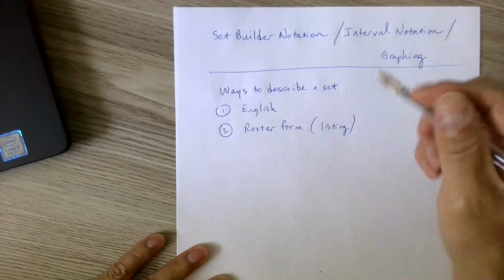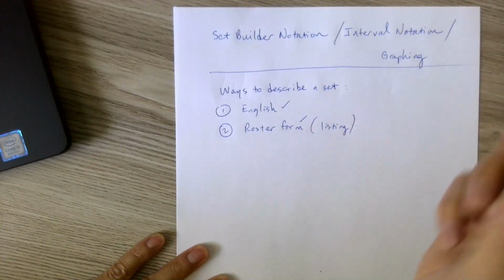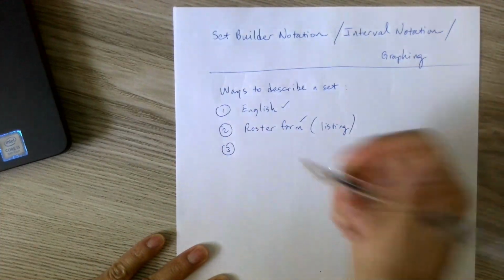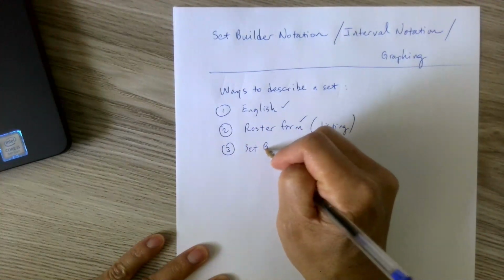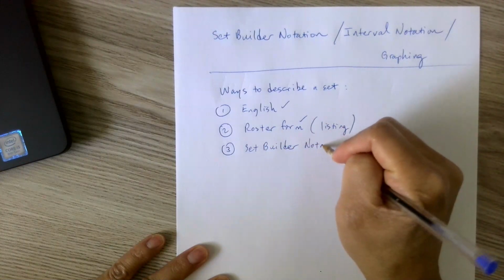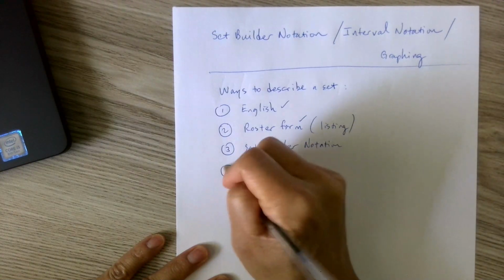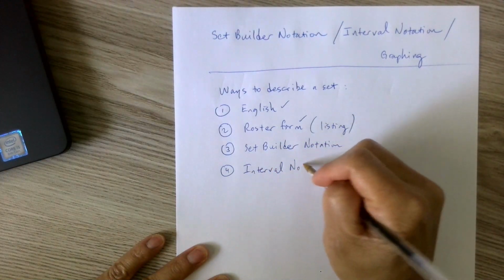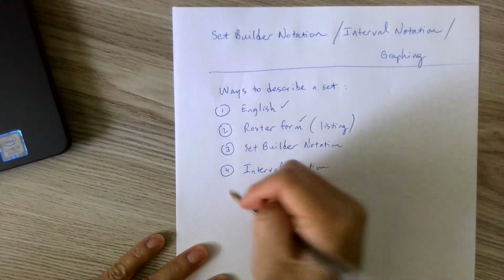And basically those are the only two, English and roster form, that we've done so far. So we're just adding to this list set builder notation, interval notation, and graphing.